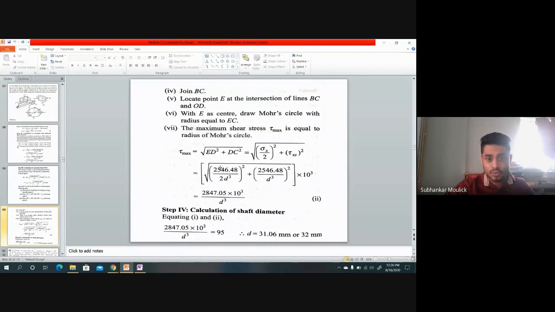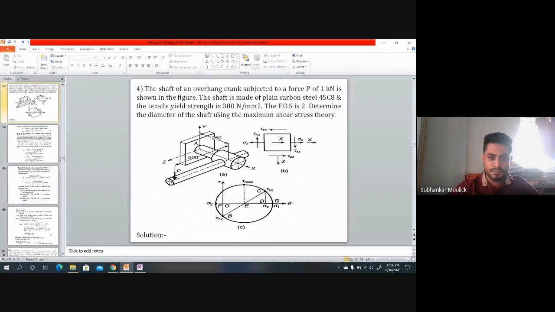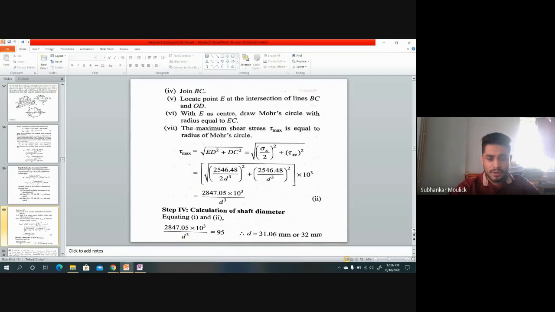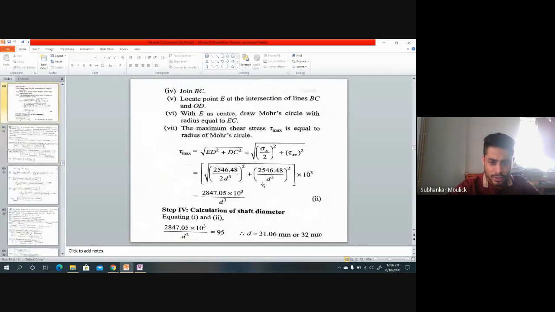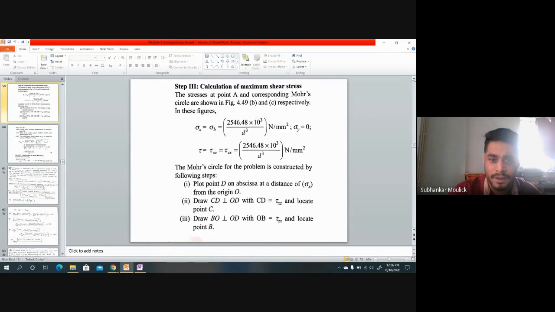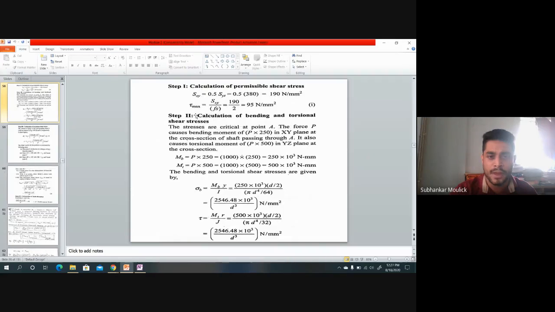Now what we need to find out is the value of the diameter of the shaft by the maximum shear stress theory. According to maximum shear stress theory, this component will fail when the maximum shear stress of this component, which we have already calculated as this tau max, equals the maximum permissible stress, which we calculated in step number 1, which is 95 Newton per mm square.